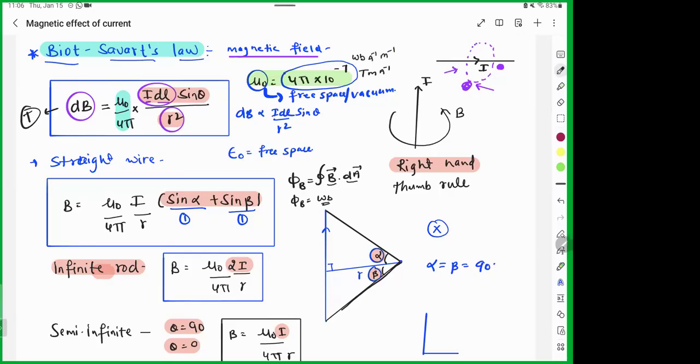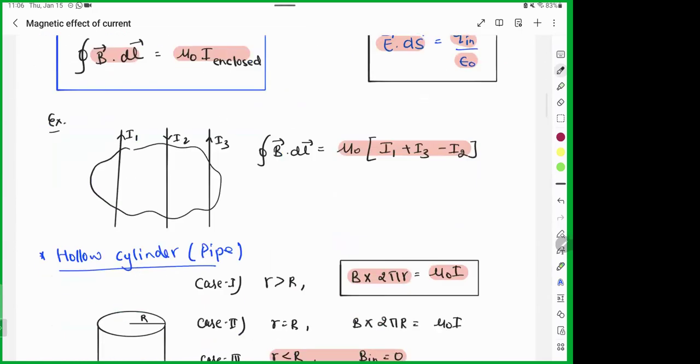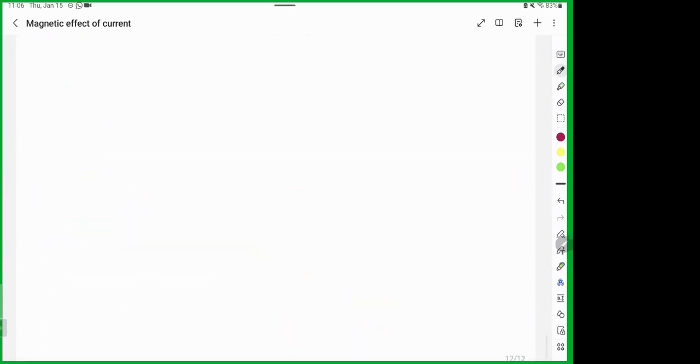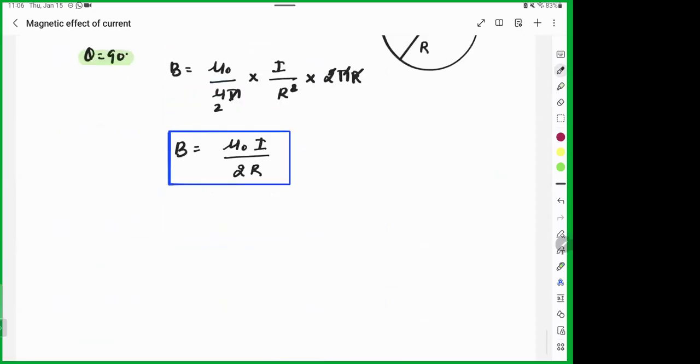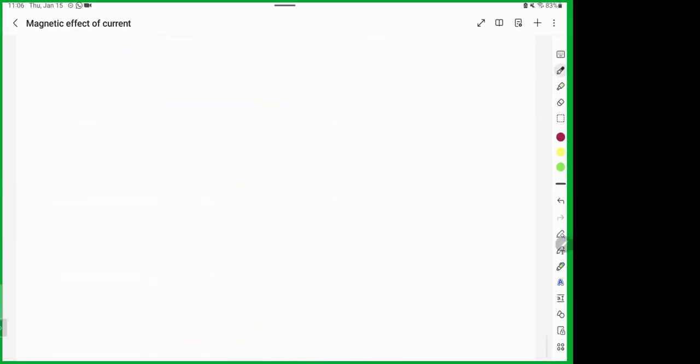Understood, guys, or should I explain this? I think I have to. So what happened using the same formula? I will write again. We know magnetic field is mu naught upon 4 pi I dl sin theta upon r square. You want to calculate the mu value.